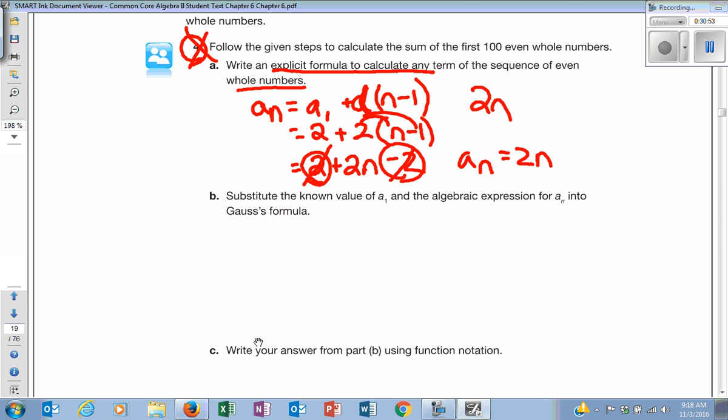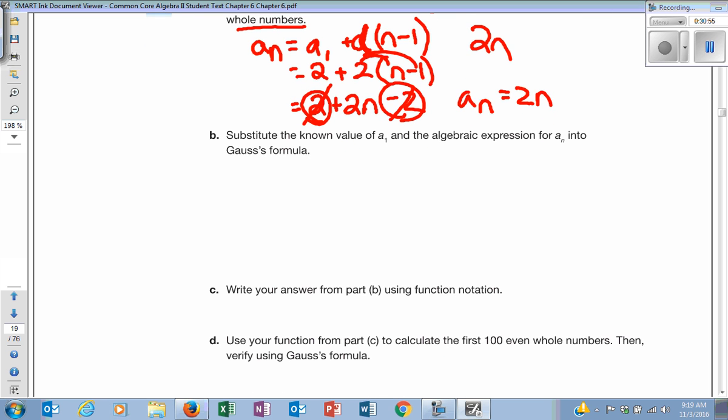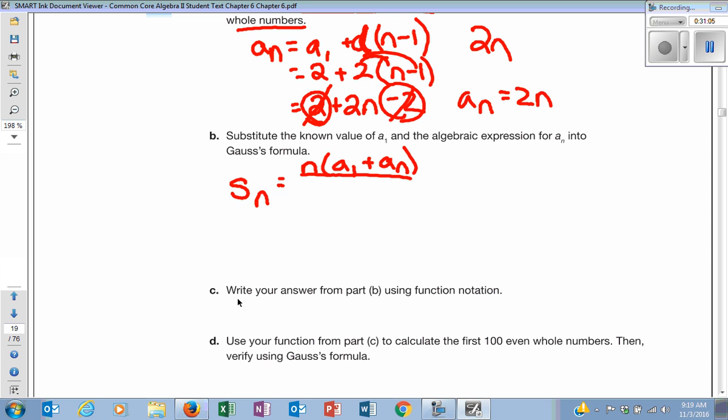Now, take this, and they want me to come up with a simpler way to just calculate Gauss's formula anytime. So here's what I would do. The summation for Gauss's formula is Sn equals n times a1 plus an, divided by 2. See, for this one, this allows me to use it for any row or any number in the sequence.